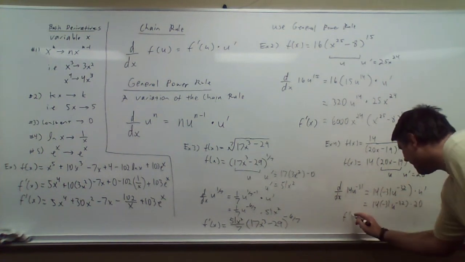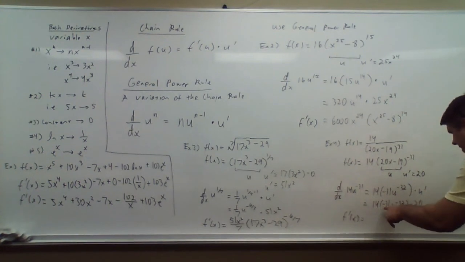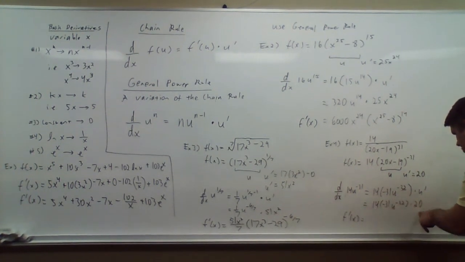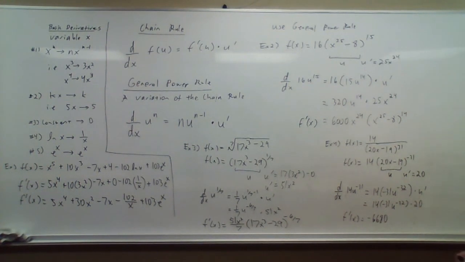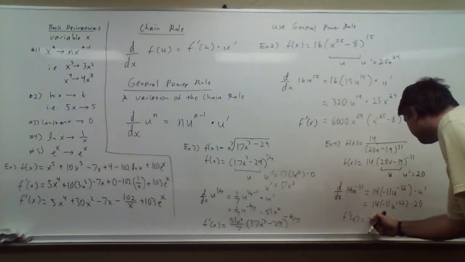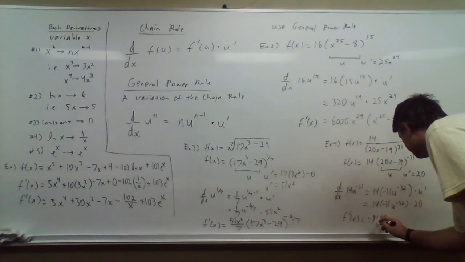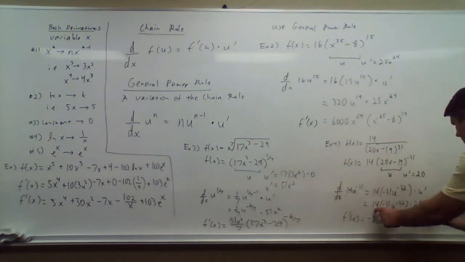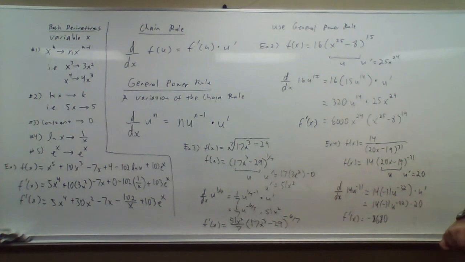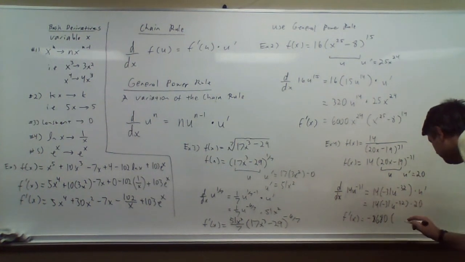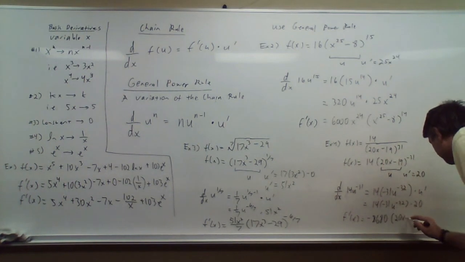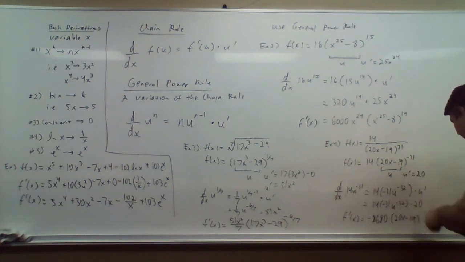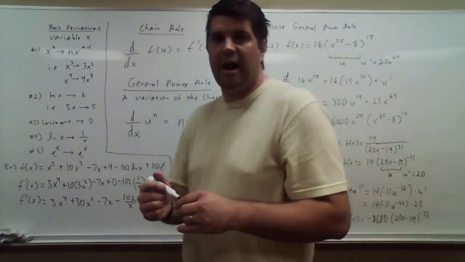And so f prime of x will equal 14 times minus 31 times 20, which is negative 8680. So these three multiplied together is negative 8680. And then we're going to have 20x minus 19 to the negative 32nd power. All right, it fits, and I think I am done.